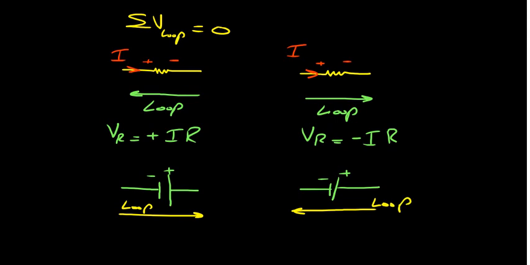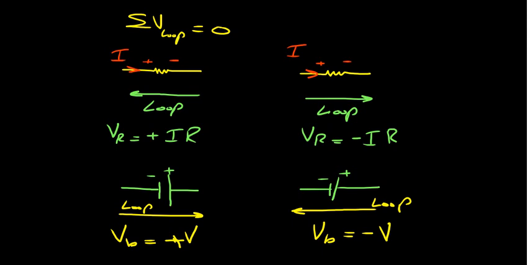Now for the voltage of this battery, I am coming from low to high. I will have a positive voltage, whatever the value of this battery voltage. Whereas here I am entering from high potential to low potential. The voltage across the battery here will be a positive, whereas here it's a negative voltage.